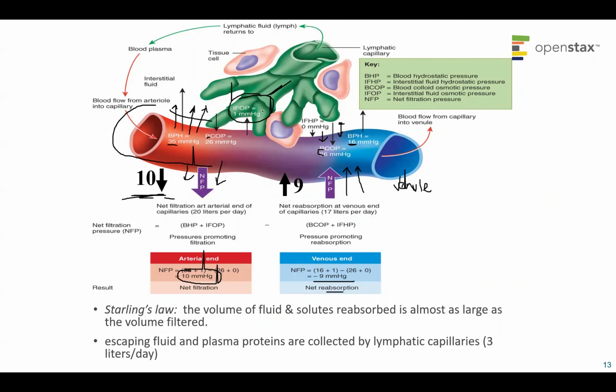So lymphatic tissue also will be present in the capillary to take the extra pressure. It will carry it into the blood circulation at the end over here. It's going to be balanced. It's going to be 10. Pressure 9 plus 1 over here is also 10. So it's going to be balanced.